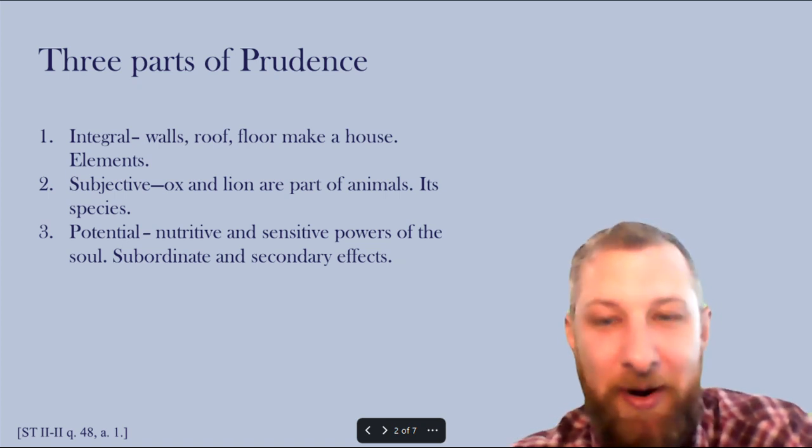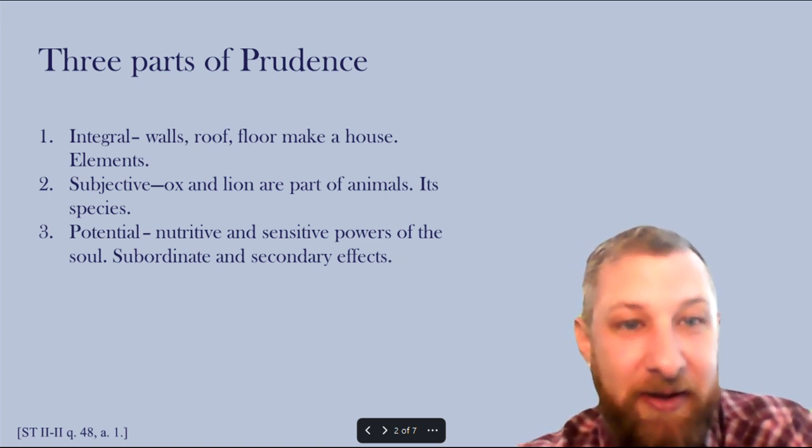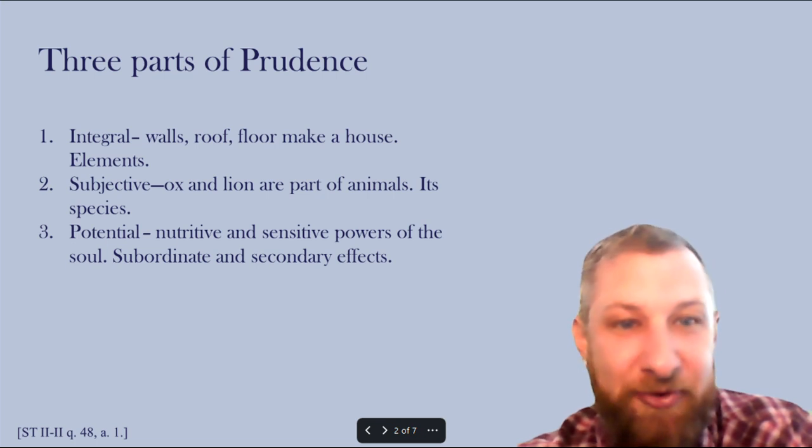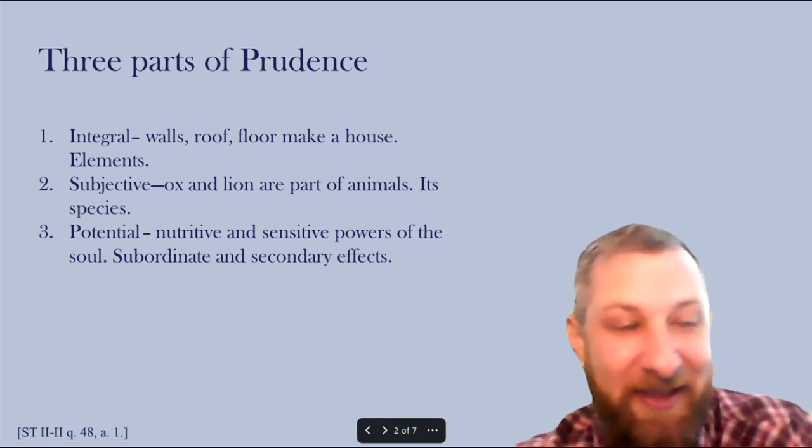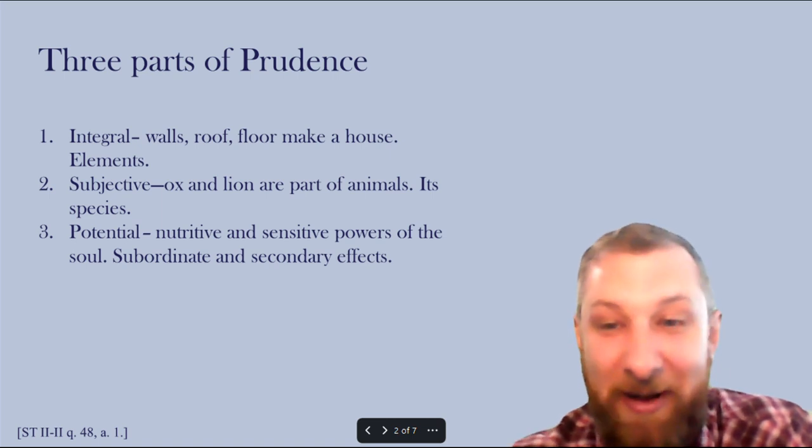So there are three parts of prudence. There's the integral, and an integral part is something that composes it, right? Comprises it. If you want to say what are the parts of a house, the walls, the roof, the floor, if you don't have these things, you don't end up having a house, right?